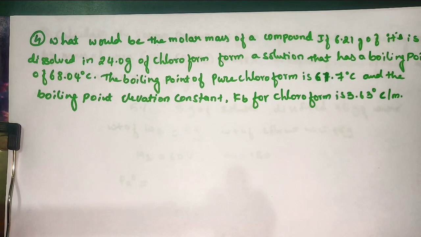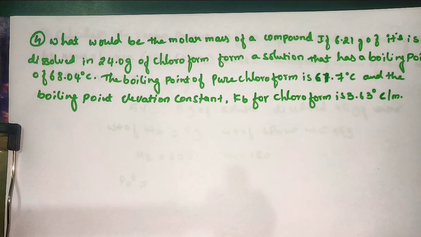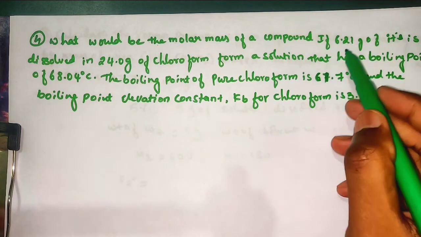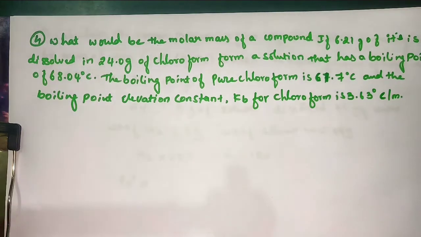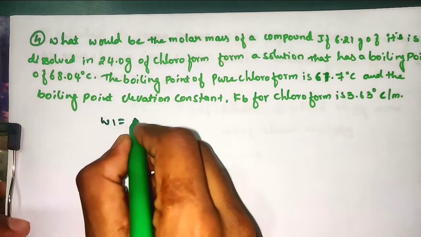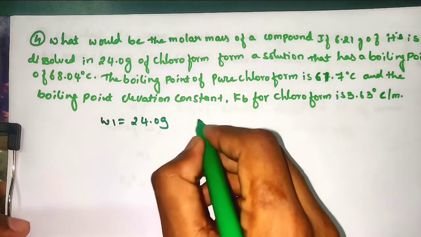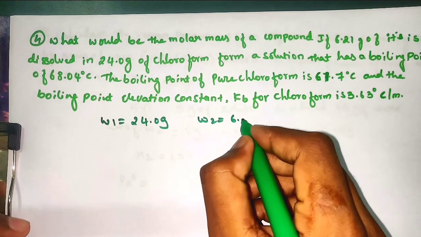First we have to concentrate on the given things. 6.21 gram is dissolved in 24 gram of chloroform. So chloroform is a solvent, so it will be W1. W1 is equal to 24.0 gram and W2 will be 6.21 gram.